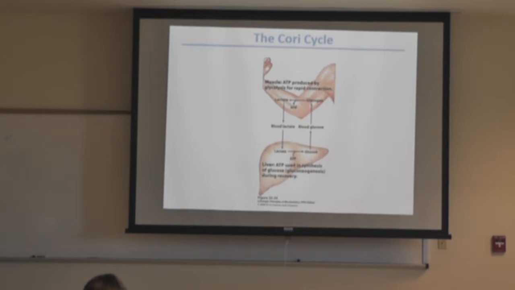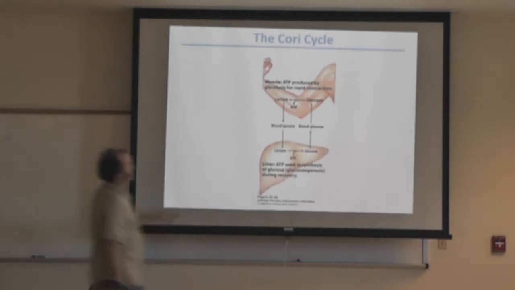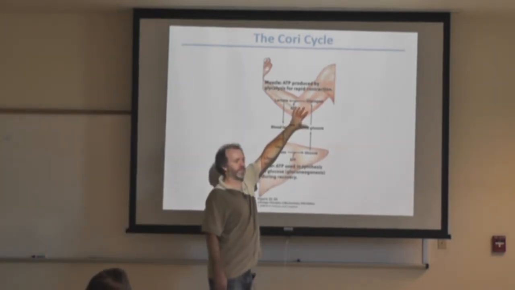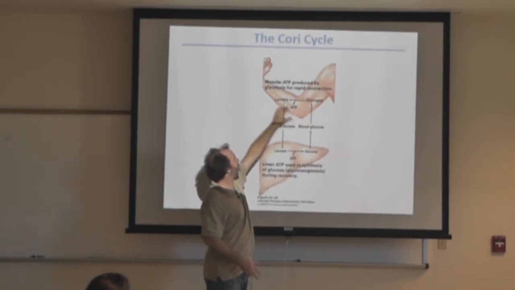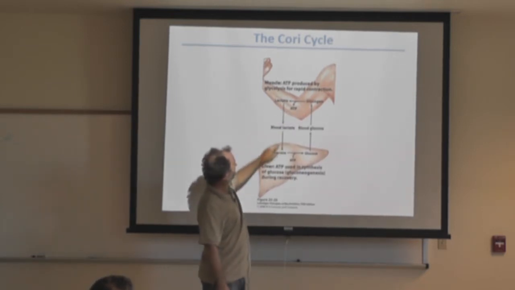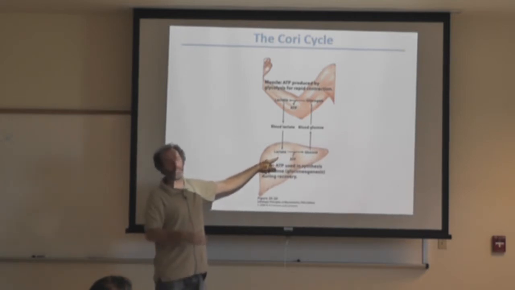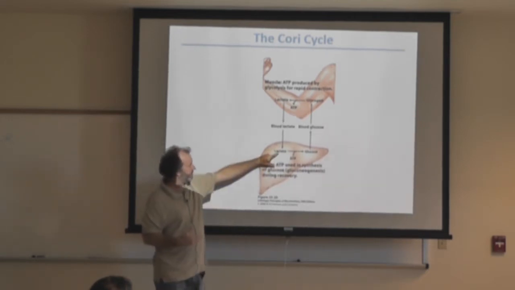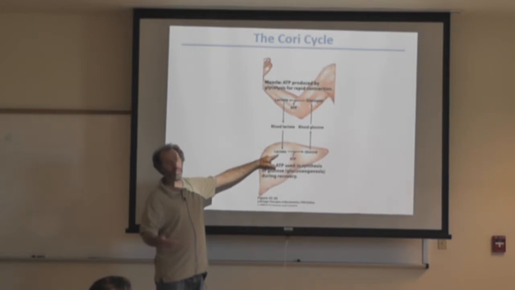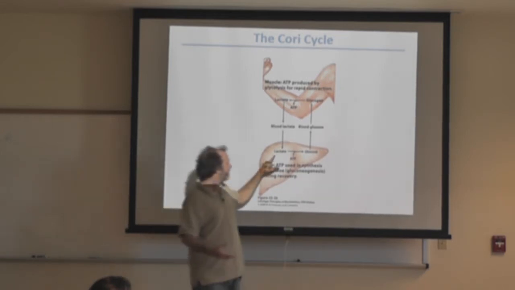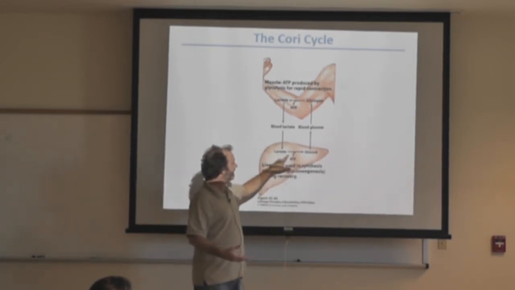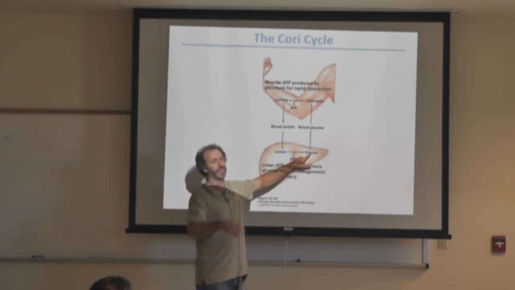But this is the Cori cycle, right? Using your muscles, they don't get enough oxygen, so you're going to produce lactate. That lactate gets transported to the liver because the liver has a lot of excess NAD. The liver can then take that lactate and, with ATP, make glucose. So it's a very inefficient cycle too.